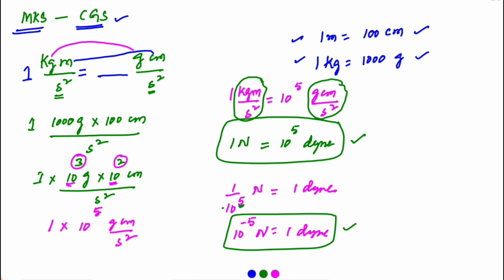Now, let us solve a few numericals based on this so that you will become perfect in this. Okay, first question. 250 Newton is equal to dash dyne, my dear. Right.